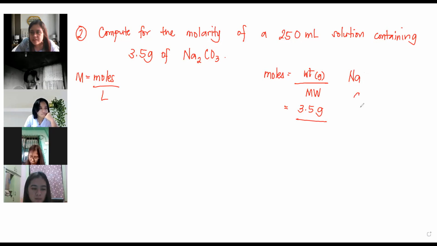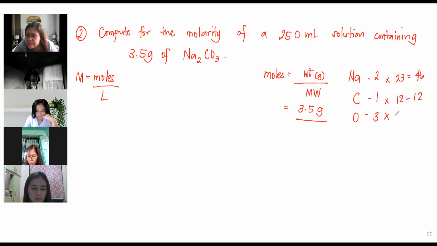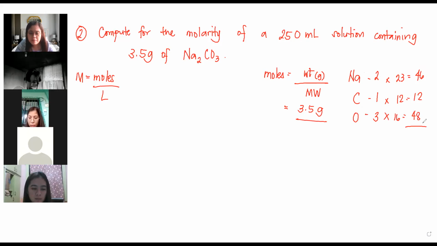We have Na, C, and O. And we have 2 for sodium, 1 for carbon, and 3 for oxygen. Times 23, so this is 46. This is 1, this is 12. And then this is 16, so this is 48. So let's add 12 plus 46 plus 48. It's 106 grams per mole. So let's place it here, 106 grams per mole.